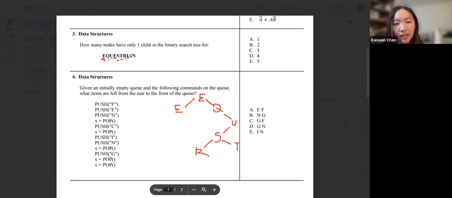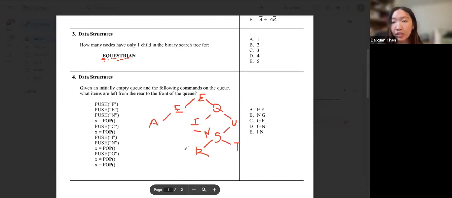And then we have I, which is bigger than E, less than Q, so it'll be to the left of Q. And then A is self-explanatory, it's the smallest letter in the alphabet, so it'll always be on the left. And then we have N, which is bigger than E and less than Q, but greater than I. So it'll be here. Are there any questions about how we built the tree?